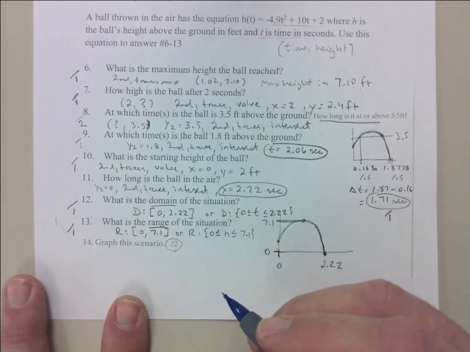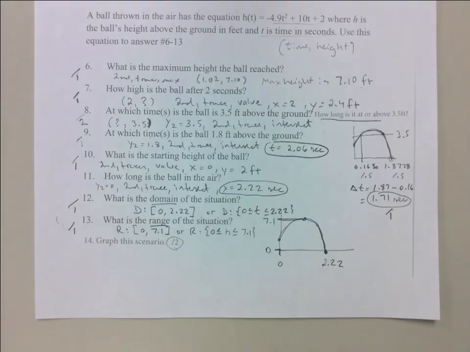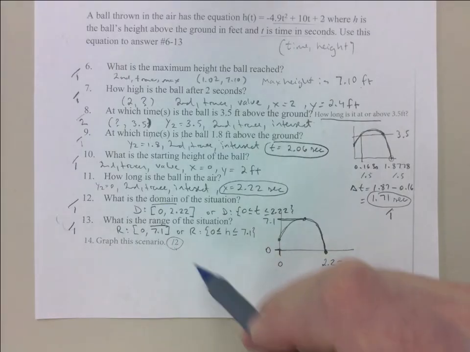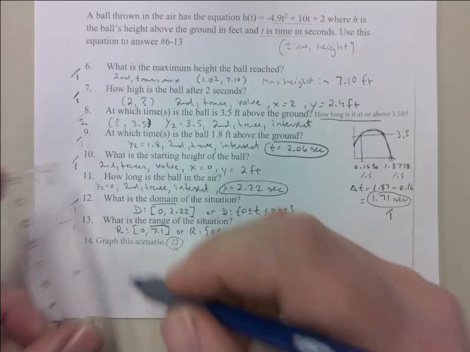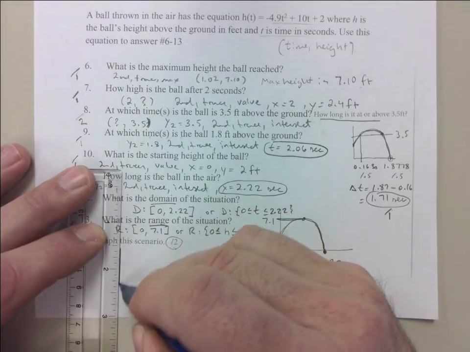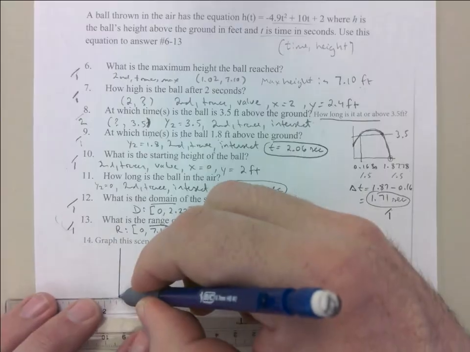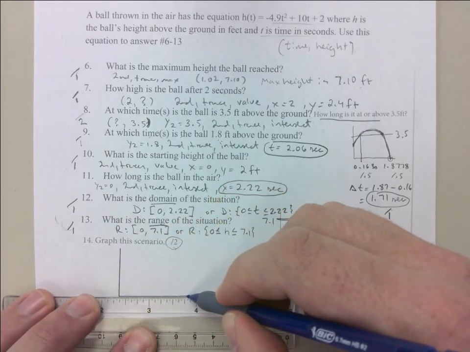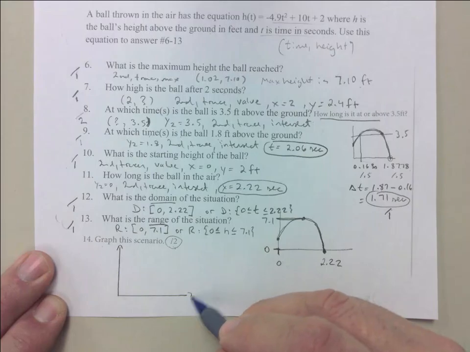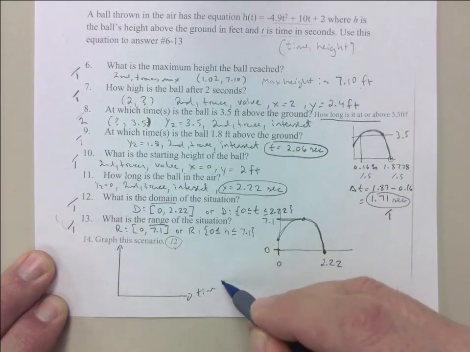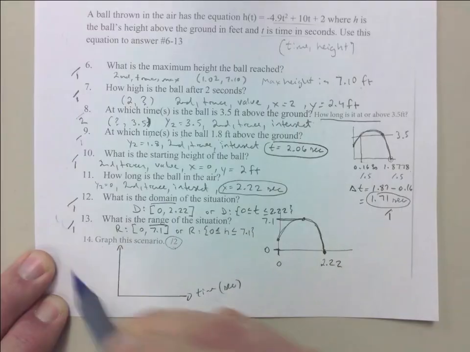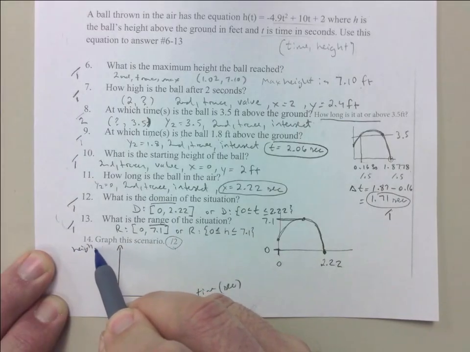I'm tempted to do what a lot of students do. They try to cram it into a small little space there. It would work, okay? Watch this. Please don't do this in general, but if you must, you can make this work. So this will be time in seconds. This is height in feet.